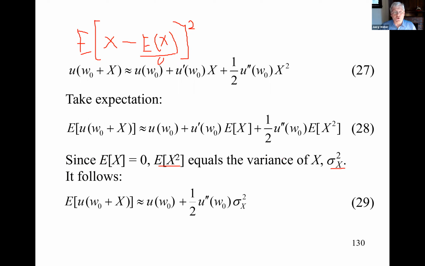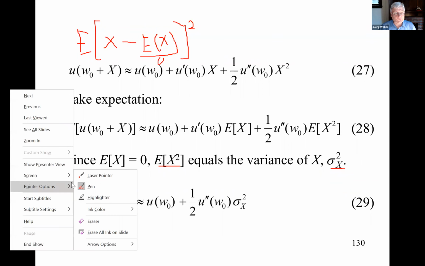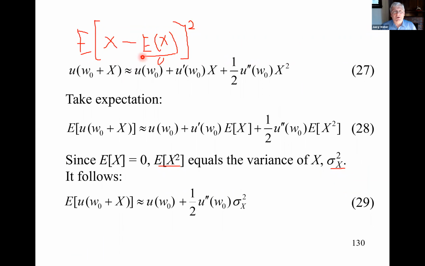And that's true because actually the mean is 0. This mean here is 0, so the variance is just E[X squared].